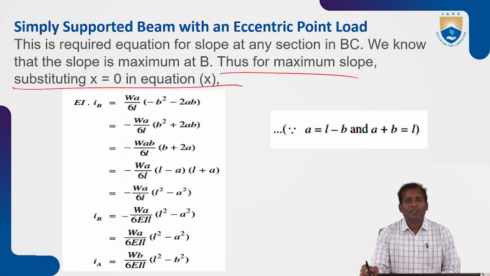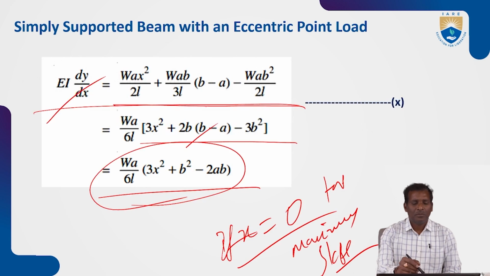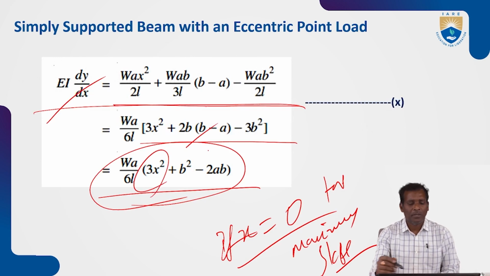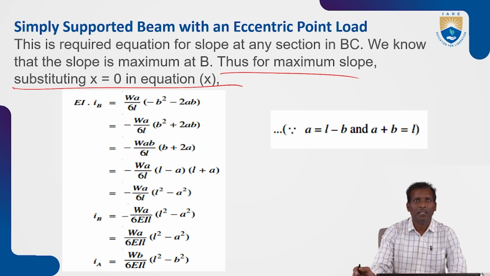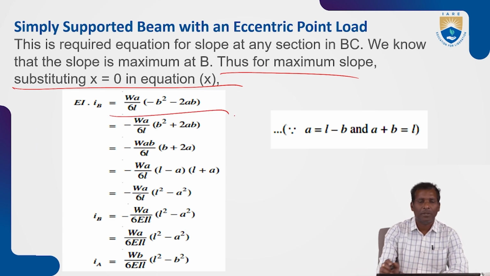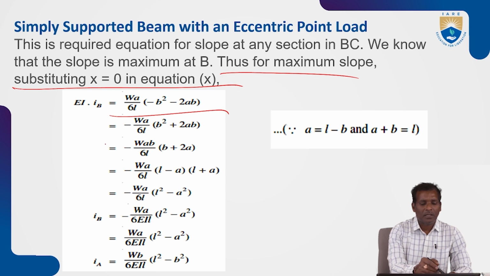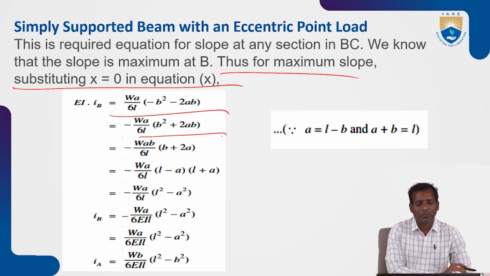So in this term it is completely 0. Now you will get Wa by 6L into minus b square minus 2ab. So you can write the equation, take the minus outside, b square plus 2ab. Here you can write this term b square plus 2ab.